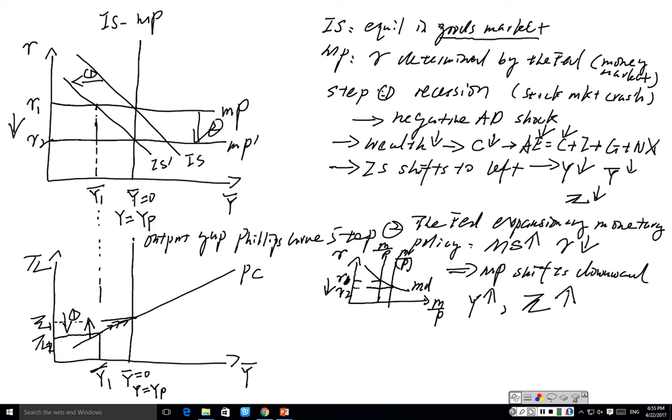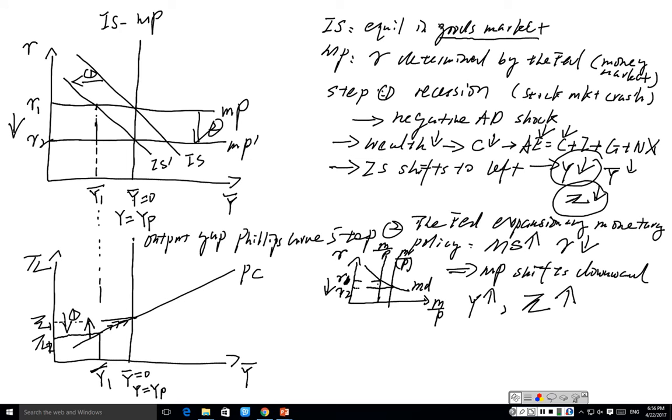The conclusion here: in the first step, when the recession happened, it shifts the IS curve to the left, which reduced the output level, Y decreased. Using the output gap Phillips curve, with the lower level of output, the inflation rate also goes down. But in order to fight this recession, the Federal Reserve increases the money supply, which will shift the MP curve downward.